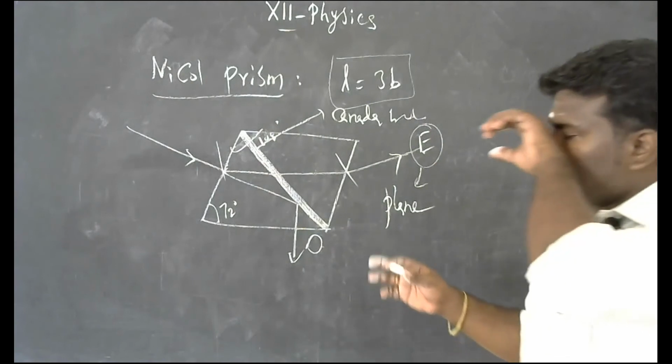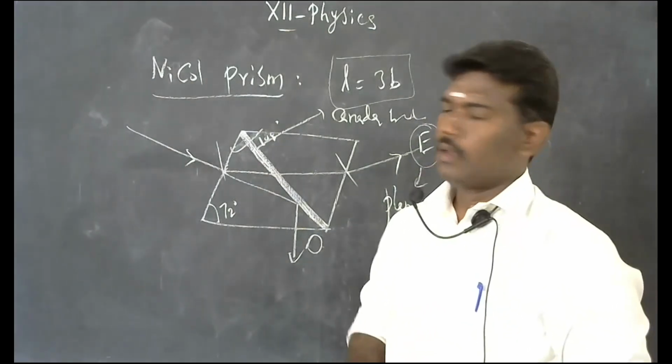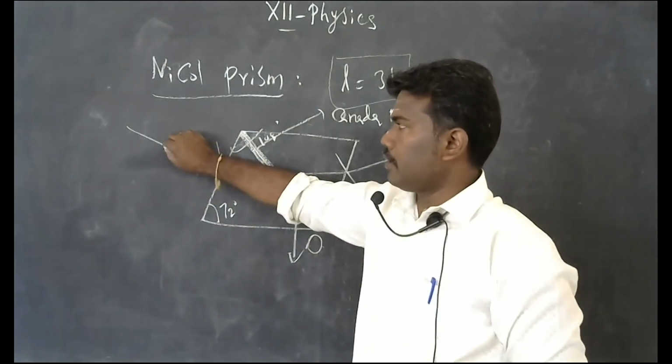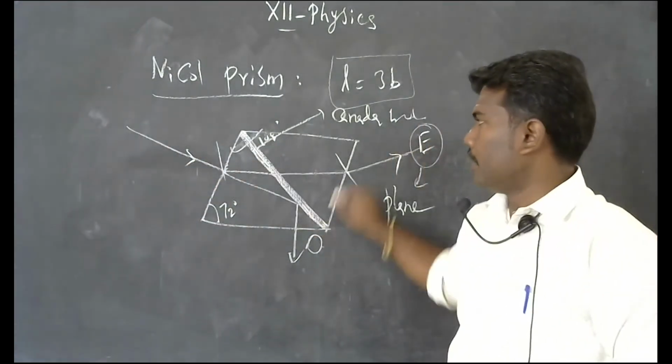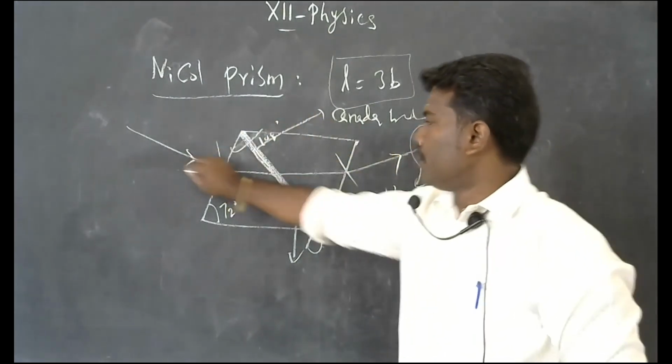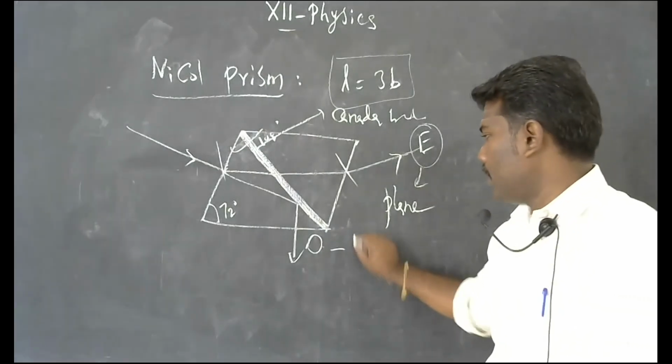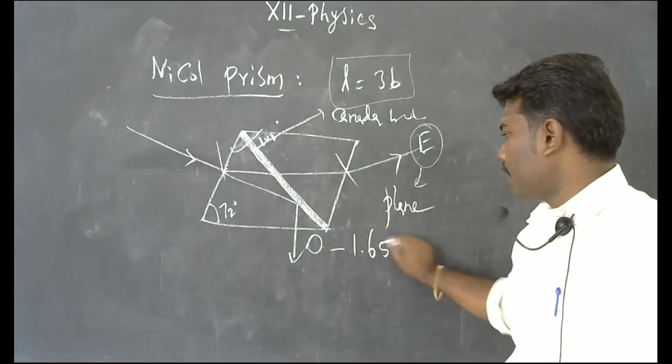And here we are using the sodium light, monochromatic source, sodium light ray. We consider the calcite crystal. Inside the calcite crystal, for a sodium light ray, the ordinary light ray has a refractive index value of 1.658.